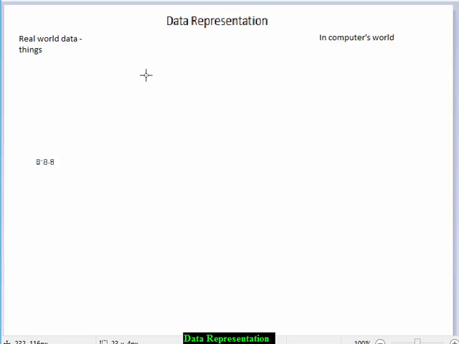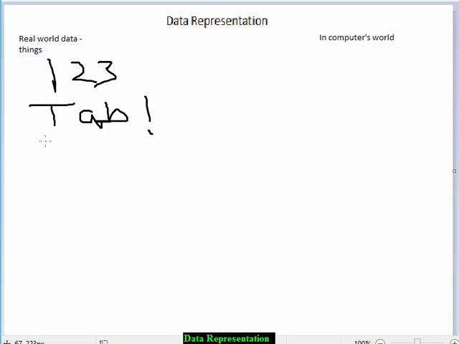And what problems do we have? Many real life problems. But what kind of data is involved? The real world data can be numbers. It can be text or symbols, and it can be a picture, like a photo of someone.